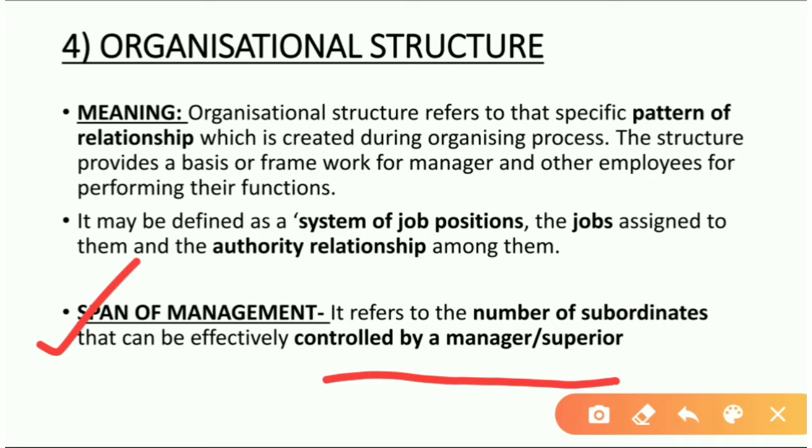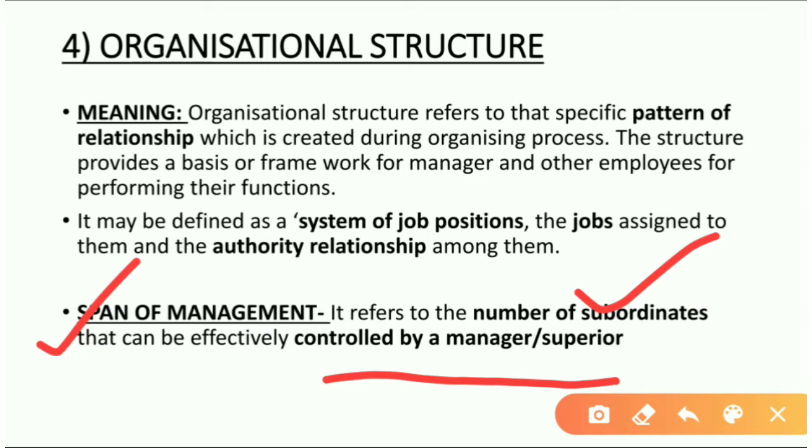Span of management means a single manager will not be able to control all the employees. Span of management means how much a manager is capable of controlling subordinates, how many subordinates he can effectively control and keep under his guidance.